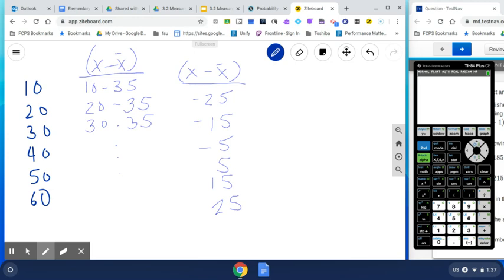So what we do to get rid of those negative values is we square these differences. Then they're not going to cancel each other out. So our next step is to take the data value minus the mean and square those differences. If we do that, negative 25 squared is 625. Negative 15 squared is 225.